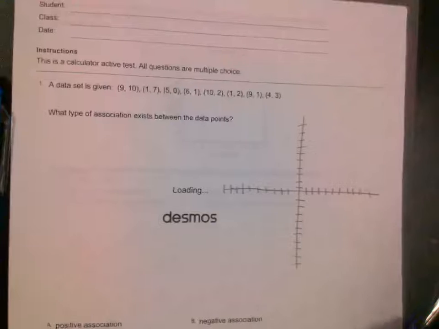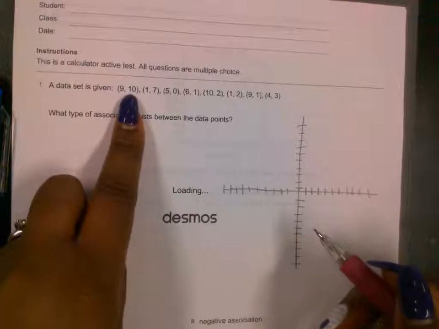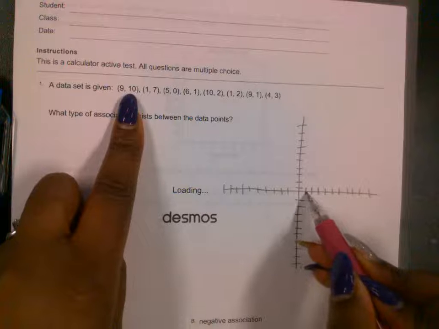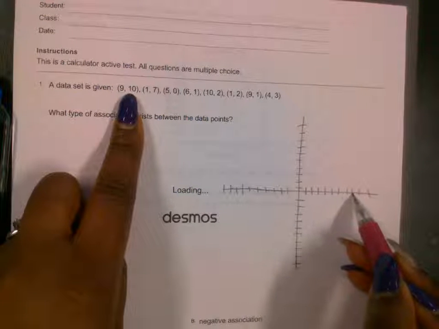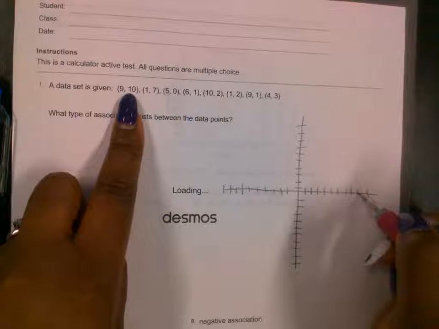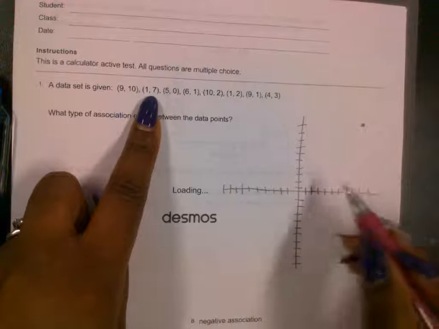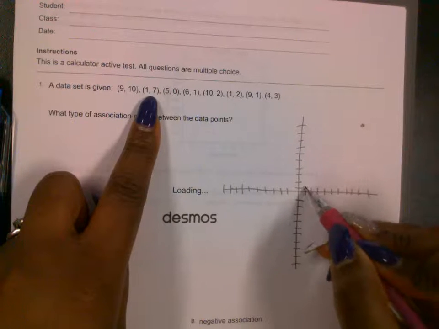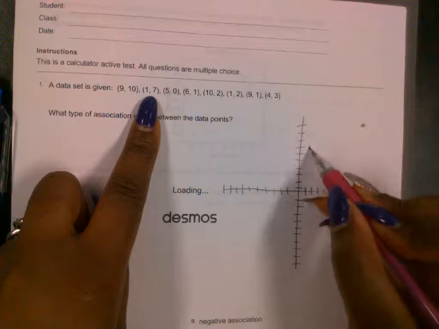And you'll have graph paper, but this is how it works. So this is 9, 10. So you go over the 9 on the X. 1, 2, 3, 4, 5, 6, 7, 8, 9. And you go up 10. Then you go 1 and 7. This is 1 and go up. 1, 2, 3, 4, 5, 6, 7.